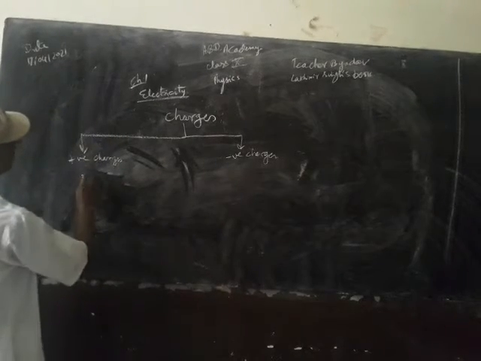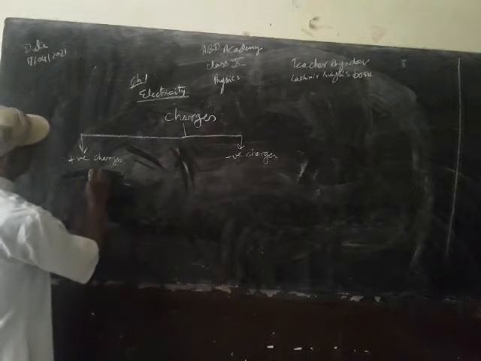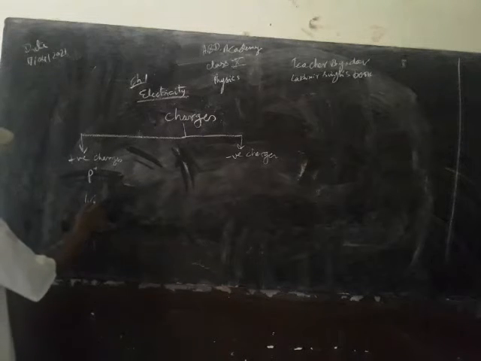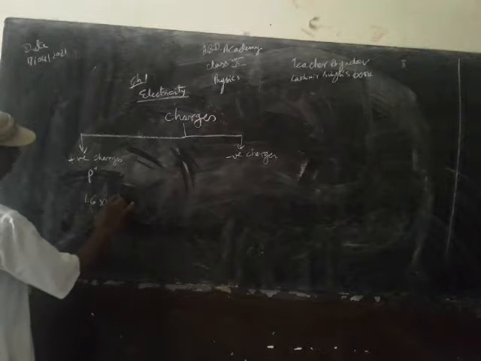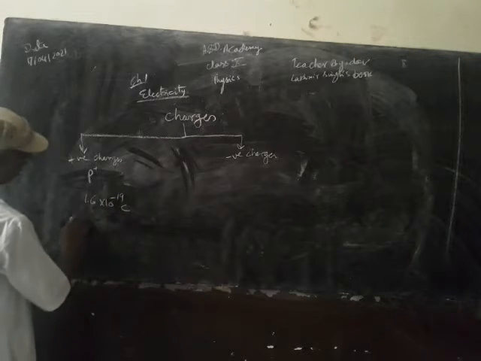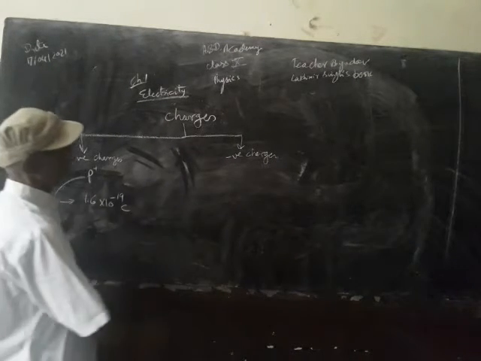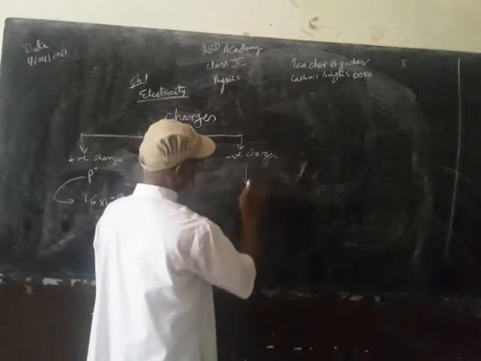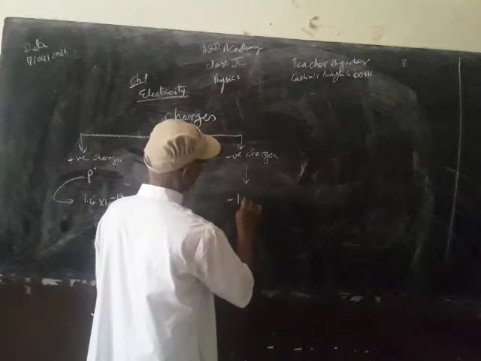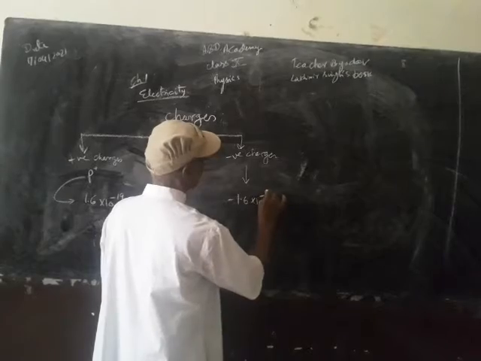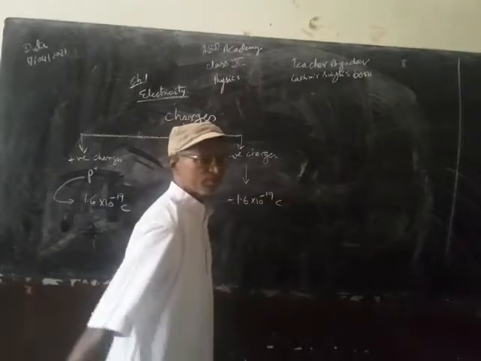So, positive and negative charges. Positive charges: proton, whose symbol is P, it carries positive charge. One proton has a positive charge of 1.6 into 10 to the power minus 19 coulomb. Charge on one proton is this, and charge on one electron is minus 1.6 into 10 to the power minus 19 coulomb.